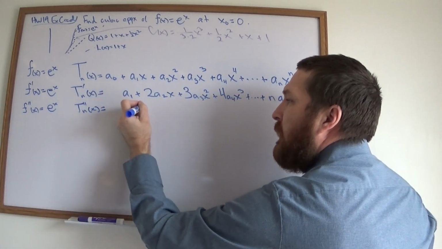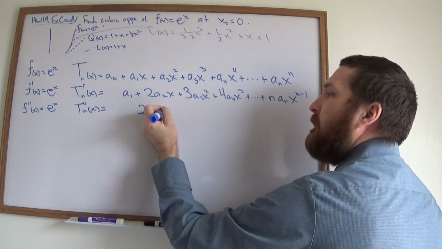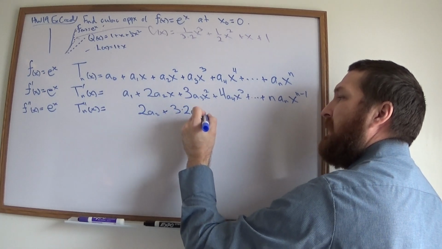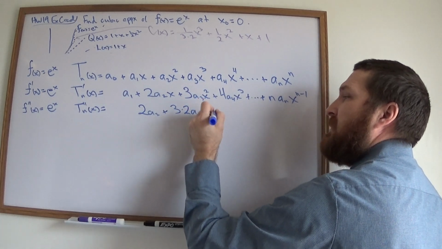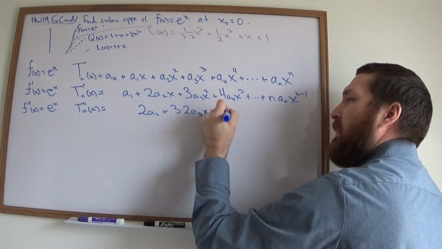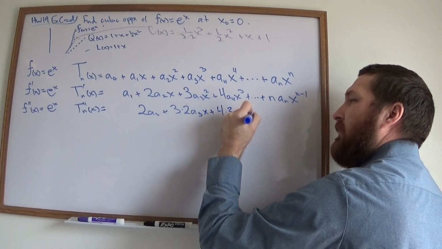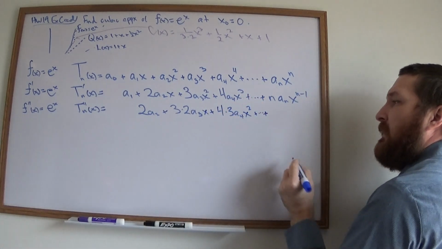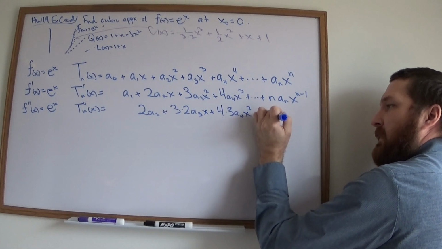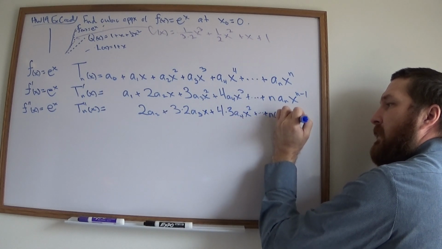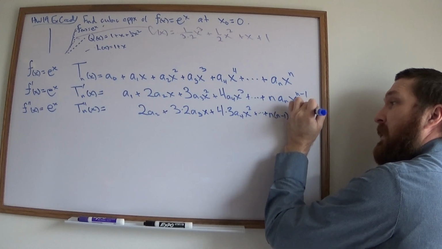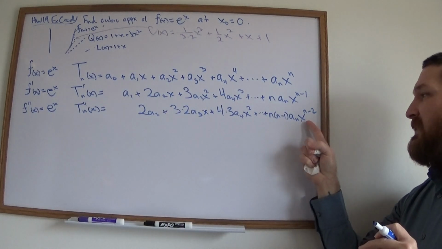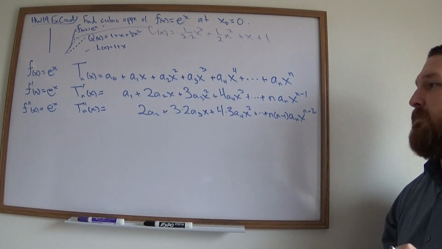Now 2A2 plus 3 times 2 A3 x plus 4 times 3 A4 x squared, up to n minus 1 times n times An x to the n minus 2. Oh, hey, look at that. When it's the second derivative, this last term is n minus 2.